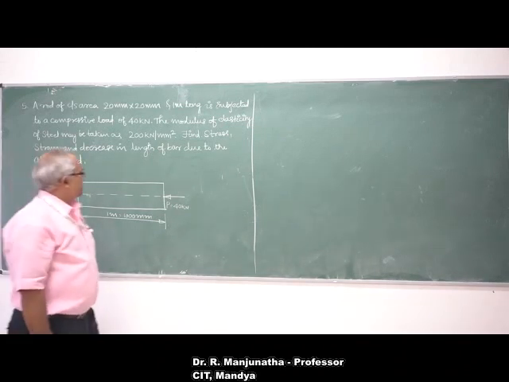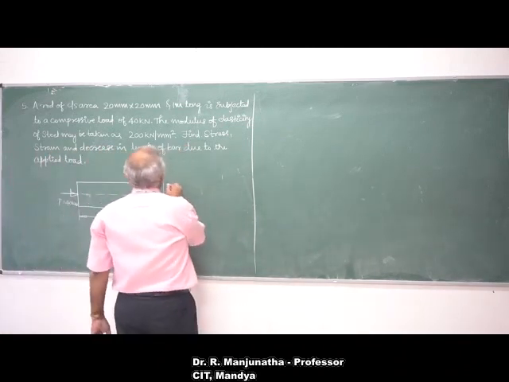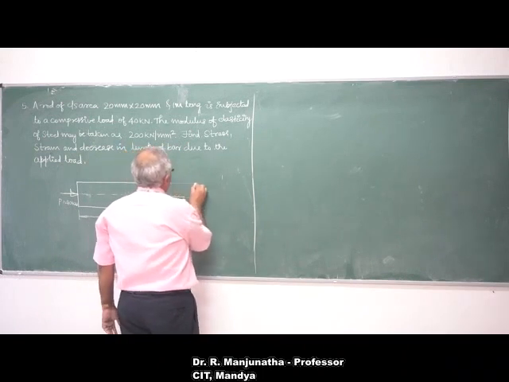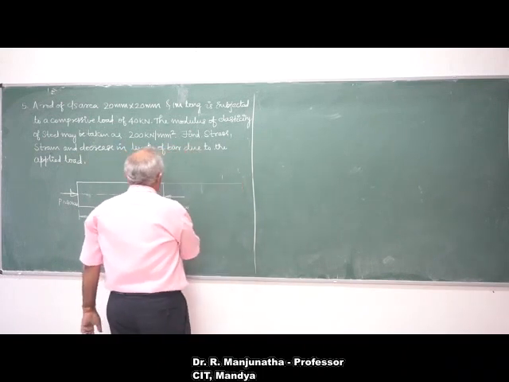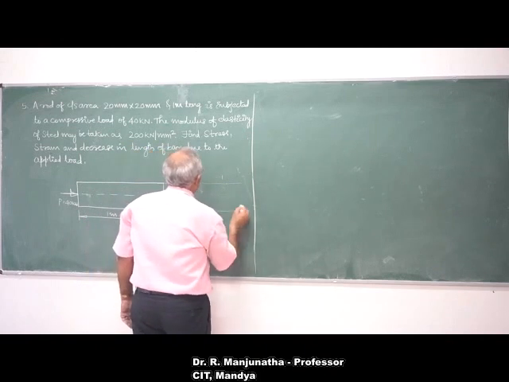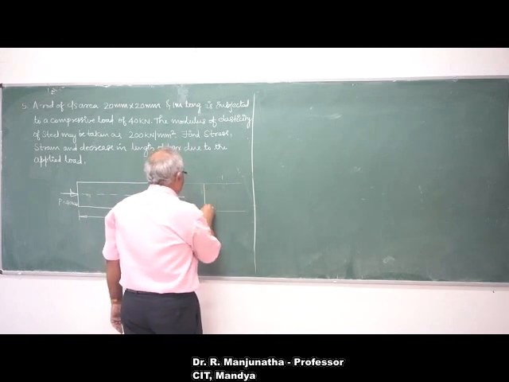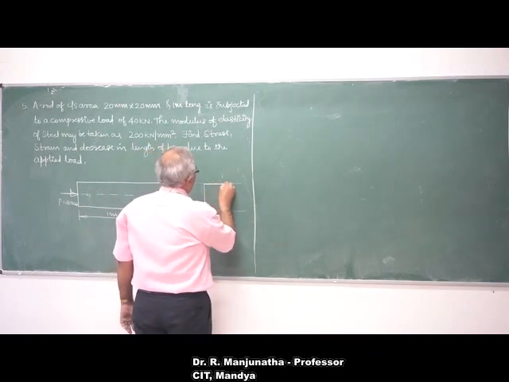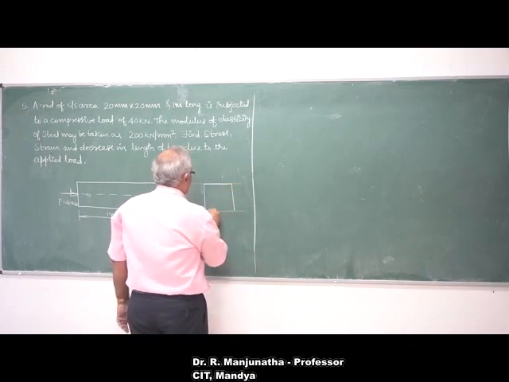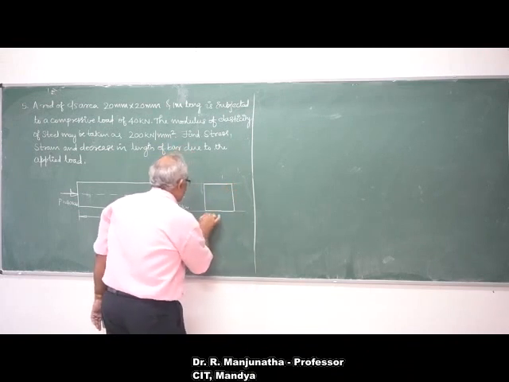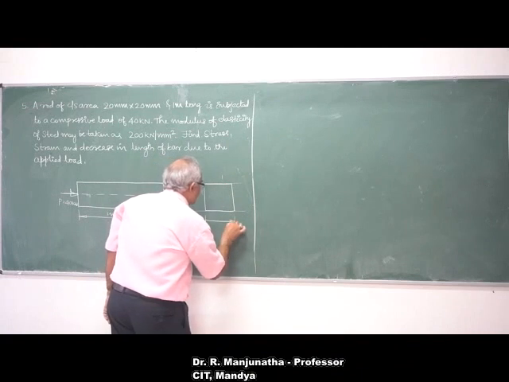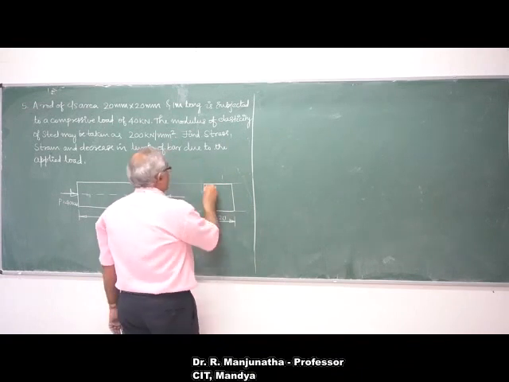And having a cross-sectional area of 20 mm by 20 mm means it is a square bar. So we are going to consider this as a square bar, the square of 20 mm.